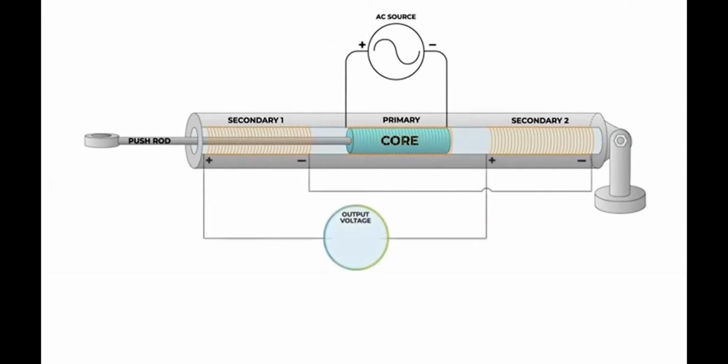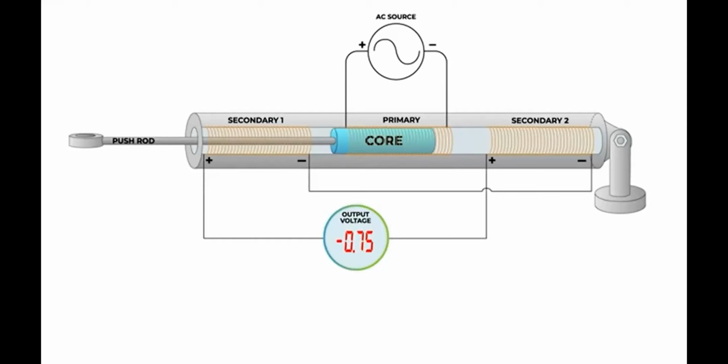The two secondary coils are connected in series, generating an AC output voltage. With the core at dead center, no voltage appears at the secondary output. But as soon as the core moves, by even the smallest amount, a differential voltage is induced at the secondary output.